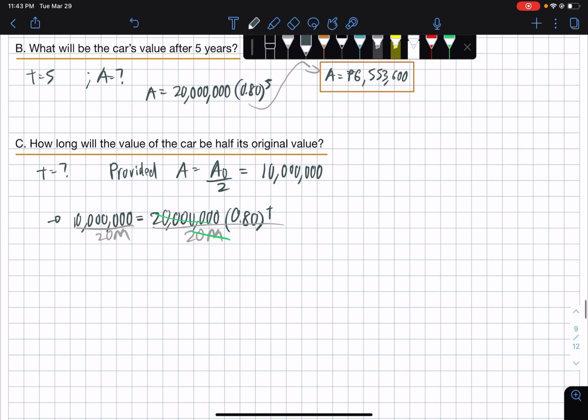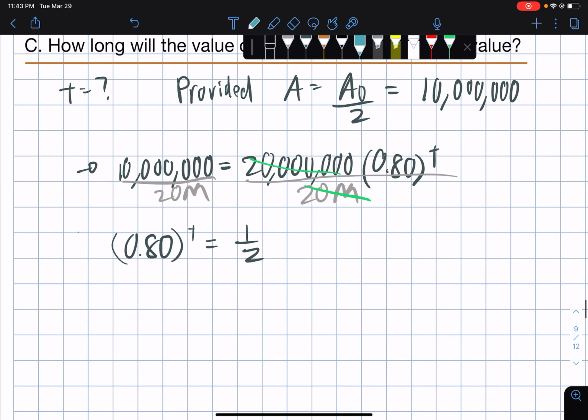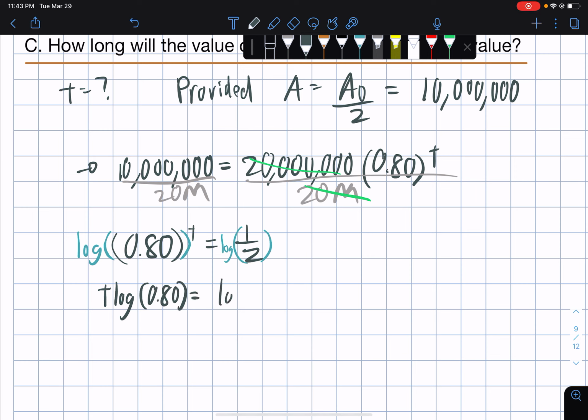Okay, so 0.80 raised to t is equal to 1 over 2. Put log on both sides. T log 0.80 is equal to log 1 over 2. Divide both sides by log 0.80.